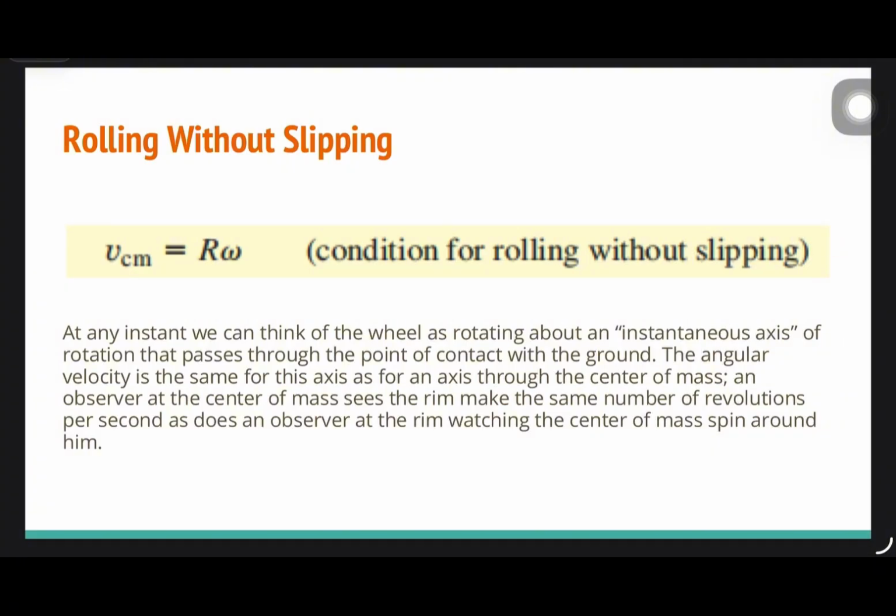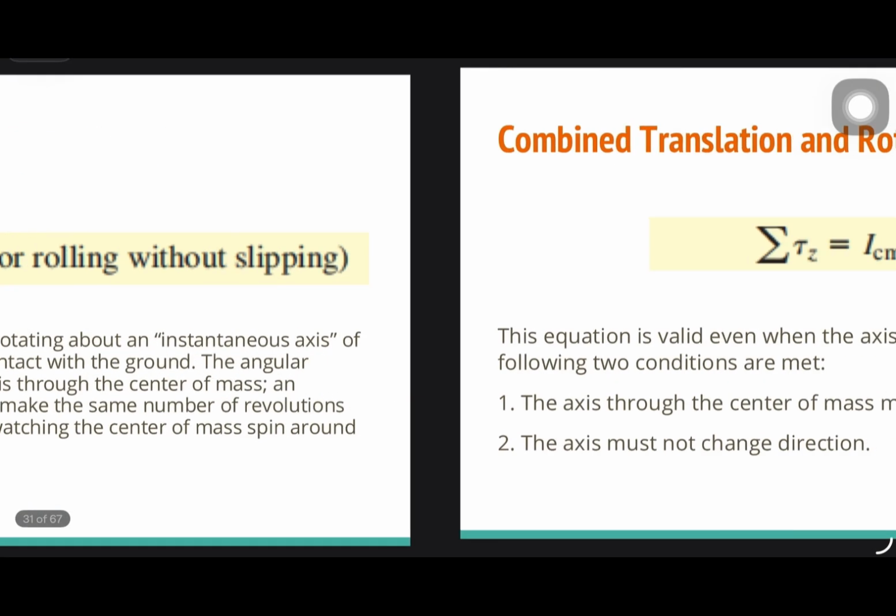Next, so we have condition for rolling without slipping. Sa velocity po ng center of mass, typically ito yung tinutukoy dun sa velocity ng translational motion. Okay? Equal siya sa R times omega. So, I know na familiar na tayo dito kasi na-discuss na natin to dun sa mga naunang topic.